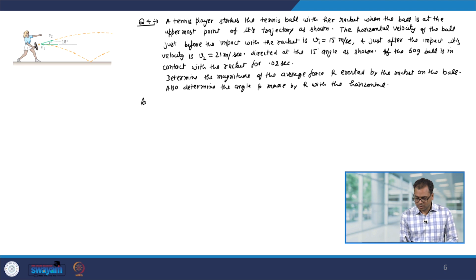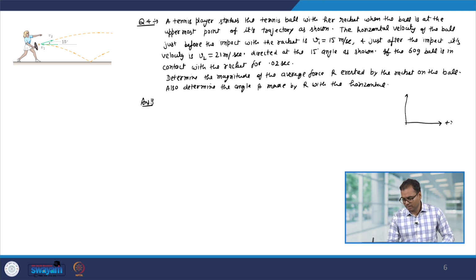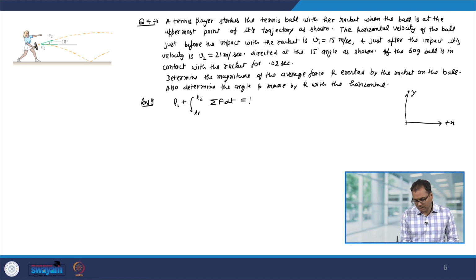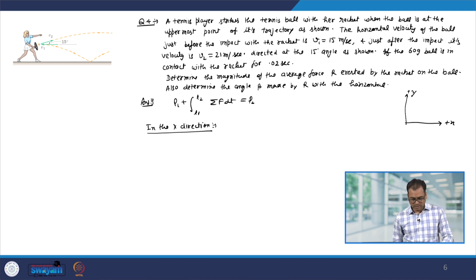Okay. So, again we have to use the impulse momentum relation, and for that let us say this is our plus x axis and this one is the plus y axis. So, we can use P1 plus integral from T1 to T2 of f dt equal to P2. We use this equation in the x direction. The mass of the ball is 60 gram.